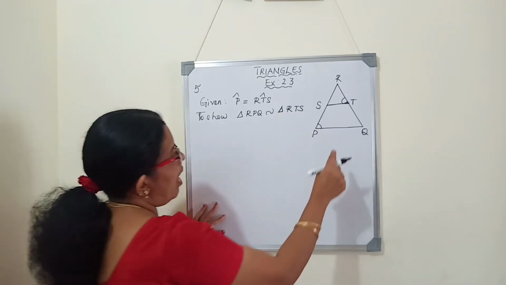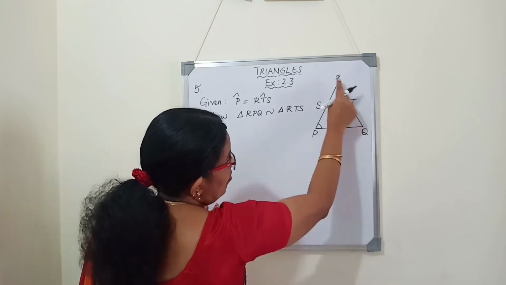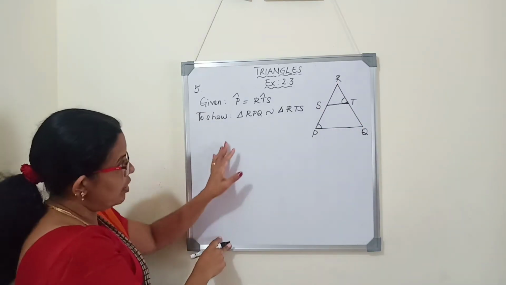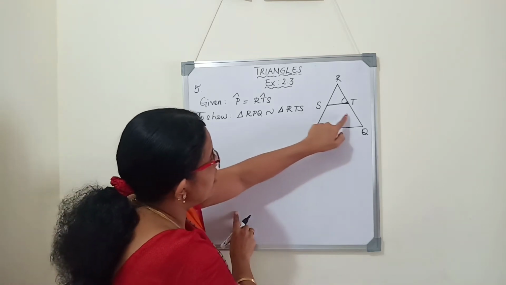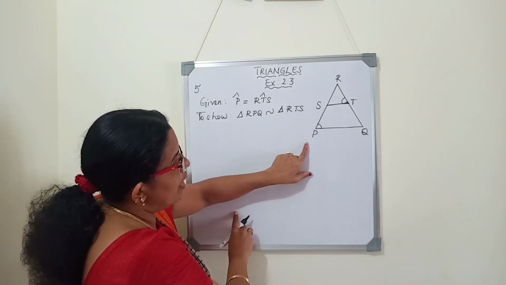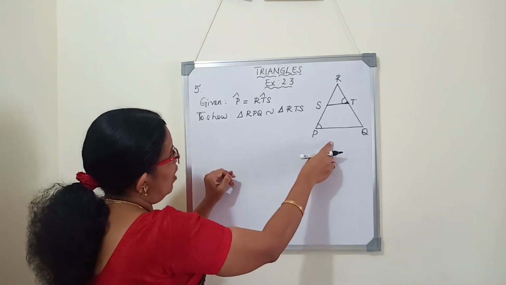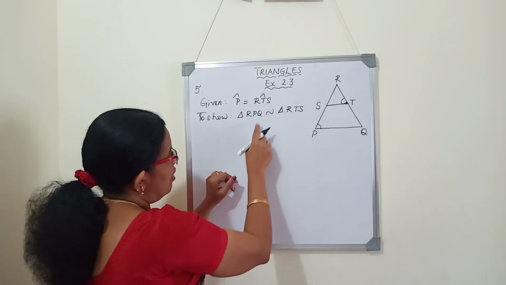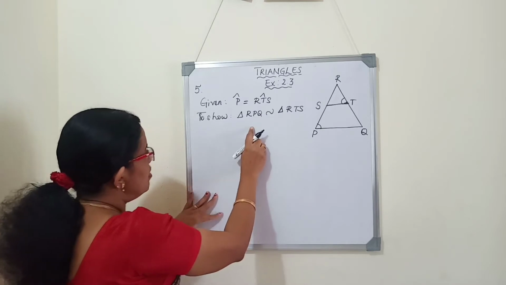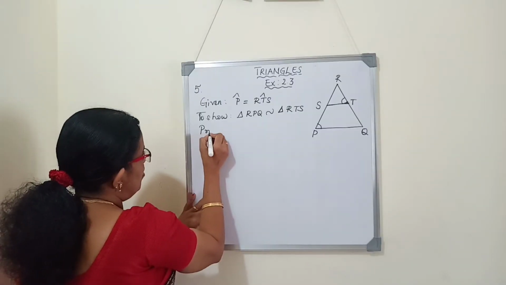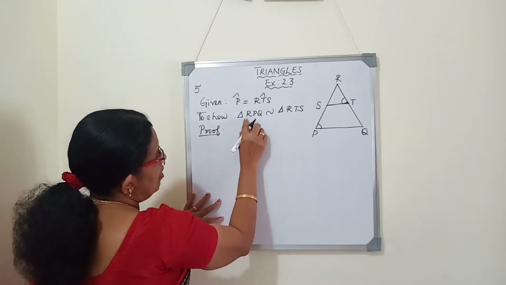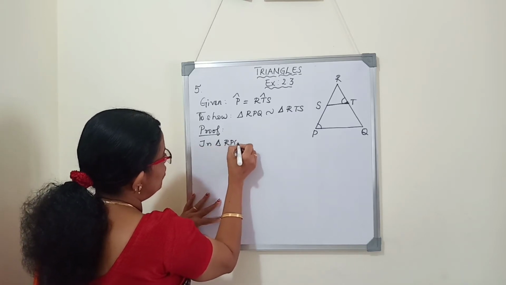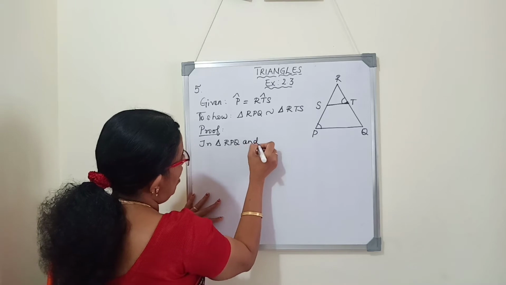So triangle RPQ is the bigger triangle, and triangle RTS is the smaller triangle. So it is only given that S and T are the points on the sides PR and QR of triangle PQR. Two angles are given, angle P and angle T are equal. We have to prove that the triangles are similar. So in triangle RPQ and triangle RTS.